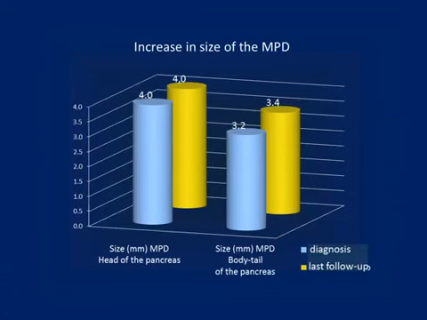Similarly, in the same paper, we could observe a very mild increase in the size of the main pancreatic duct. No change in the size in the head of the pancreas, a mild change in the size of the main pancreatic duct in the body tail of the pancreas.